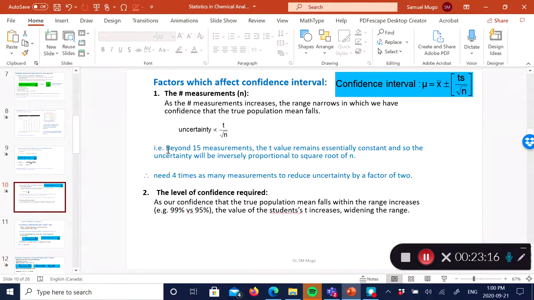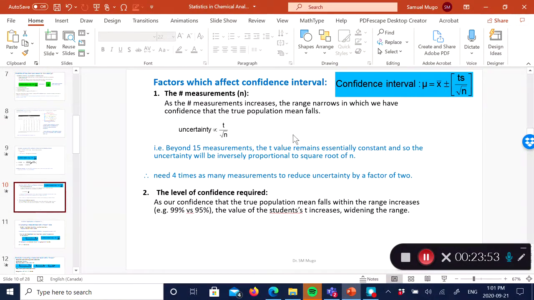Now, you're also going to see that beyond, say, 15 measurements or so, the T value keeps getting smaller and smaller. Meaning, if you've got only very few measurements, your T value is actually fairly large. And so in that case, your confidence interval is bigger because you're not very confident. If you repeat the number of measurements many, many times, your confidence interval tends to be thinner, which is what you really want.